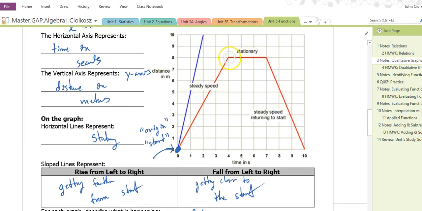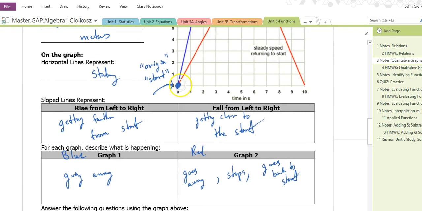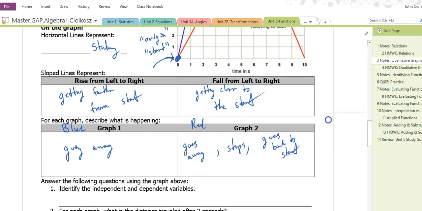So it starts going away, stops moving, and then comes back to start. So goes away, stops, goes back to start. And again, the start would represent that distance of 0. So the x-axis represents like your home base.